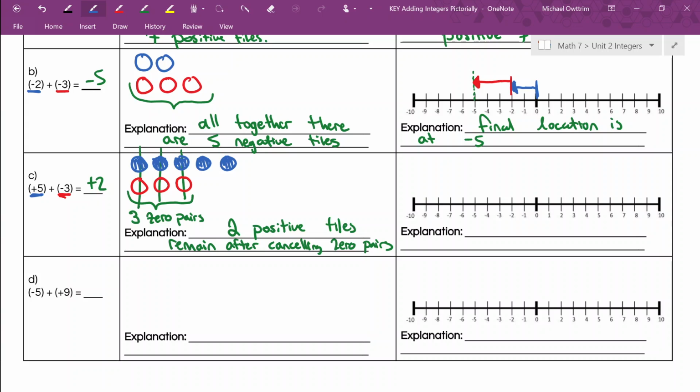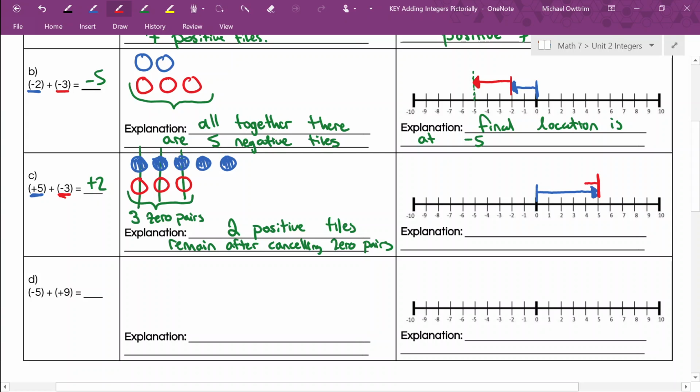On our number line, we are going to start by drawing our first integer starting at 0. First integer is positive 5. Positive means to the right, 5 means 5 spaces. We're going to start our second integer from the end of that first arrow, and our second integer is -3. Negative means to the left, and 3 means 3 spaces.